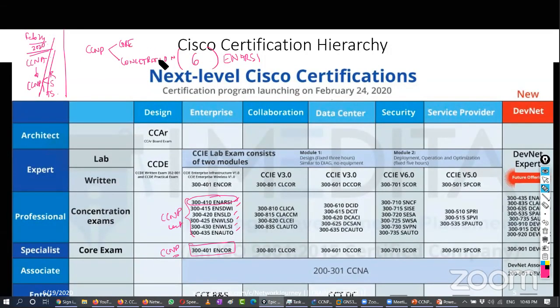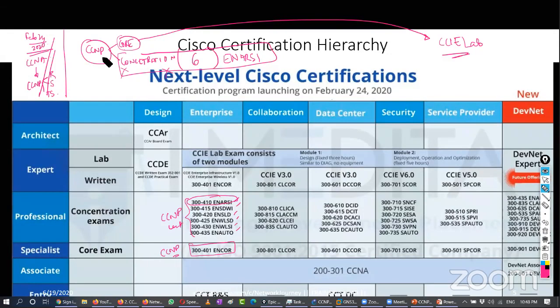Core and ENARSI, two papers, will make you CCNP certified. Now, the interesting fact is, let's say you don't want to write the concentration paper. Let's say you have cleared your core paper, and you can straight away jump towards your CCIE lab. The reason is the CCNP core is now also your CCIE written.